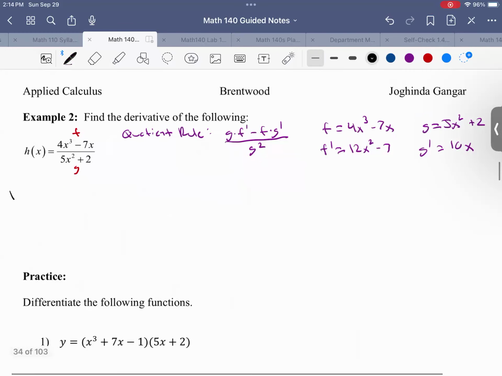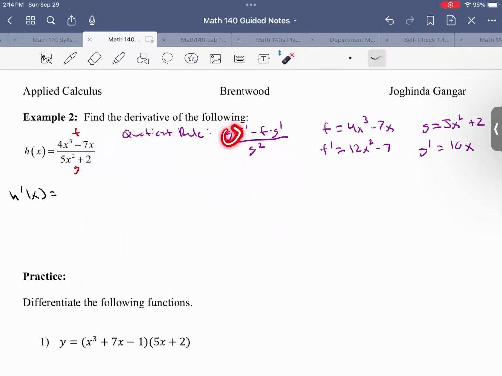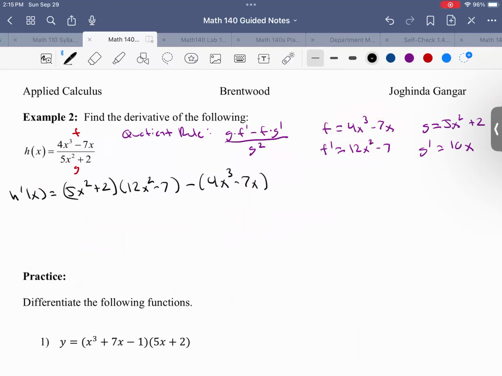All right, so now we just gotta put all this into our quotient rule derivative formula. So this means h prime of x is g, which is 5x squared plus 2, times f prime, which is 12x squared minus 7, minus f, which is 4x cubed minus 7x, times g prime, which is 10x, all over g squared.